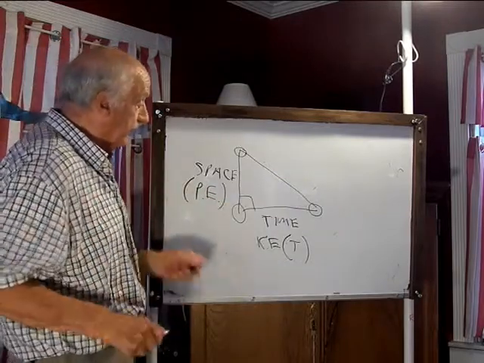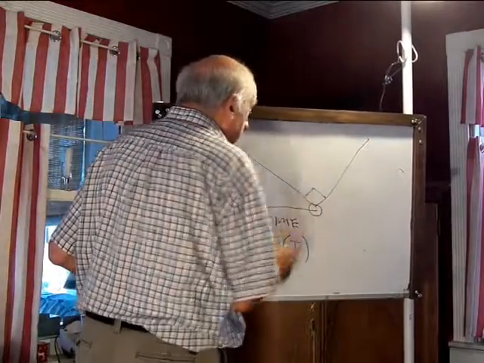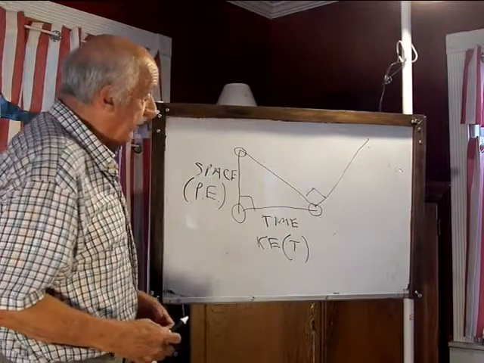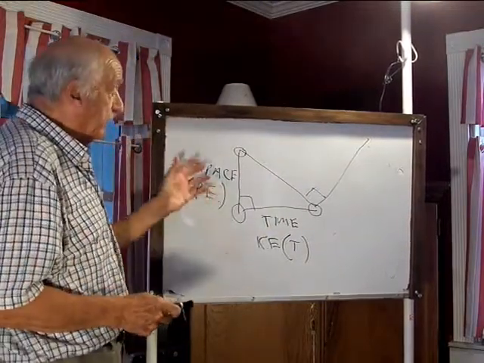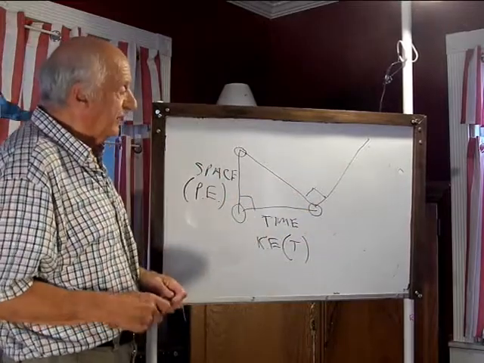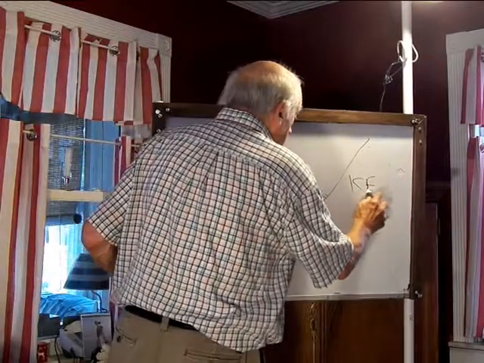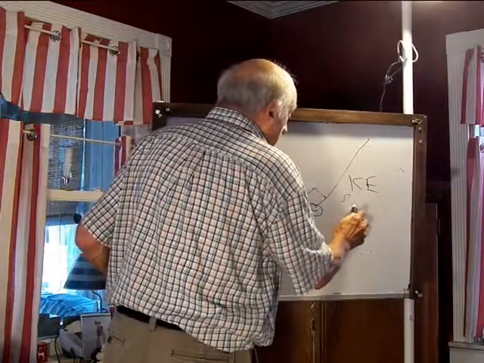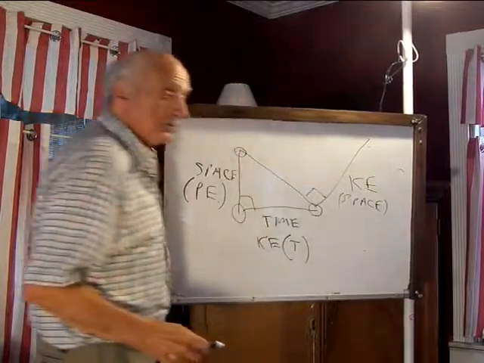So let's add it to this one, like this, the right-angled triangle, and we'll say that represents, in a non-linear manner, but according to the same calculation of linearity, the kinetic energy due to normal movement in space as opposed to movement in time.